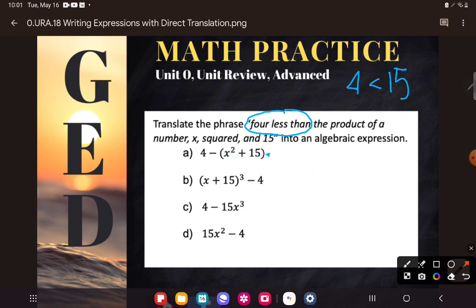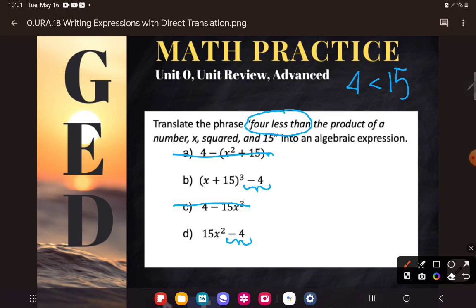It's the 4 that's getting taken away. And so I'm going to rule out A. I'm going to rule out C. And I can see, even though it doesn't look like it's at the beginning where I want it, in these, I'm taking away 4. I'm getting 4 less than. So just by looking at that one phrase, we have it narrowed down to 2. See our math reasoning coming up?